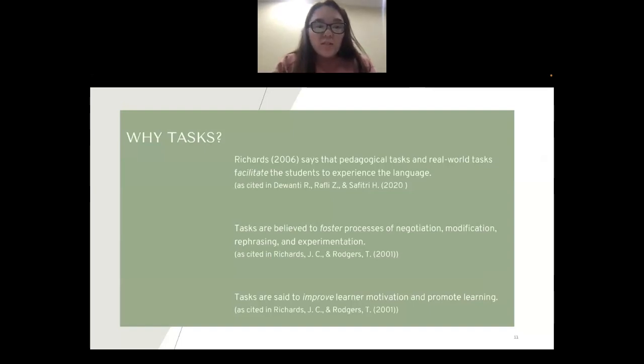By pedagogical tasks, we mean the tasks that we perform during the class. For example, in order to understand present simple more in depth, we answer some questions, we think about verbs, maybe debates in the classes, and filling-in-the-gaps tasks also. But real-world tasks are different.